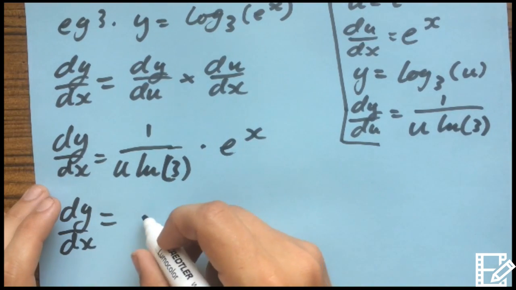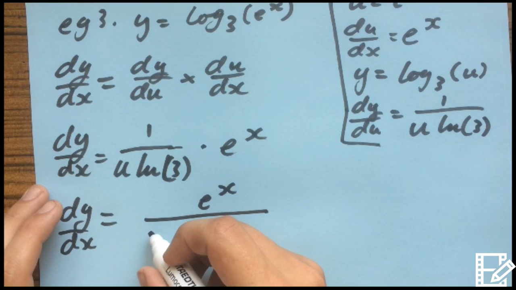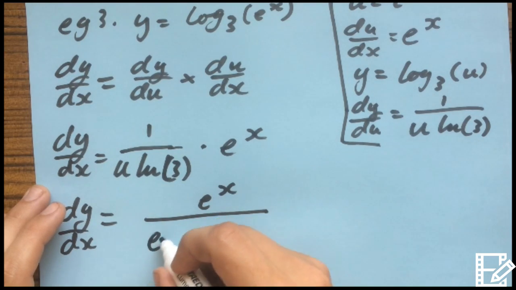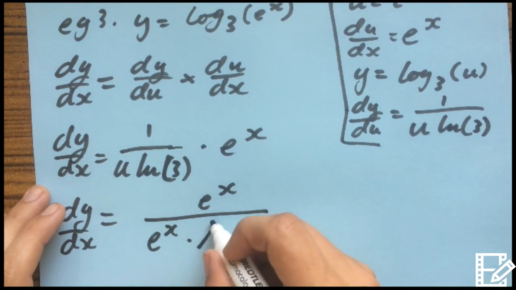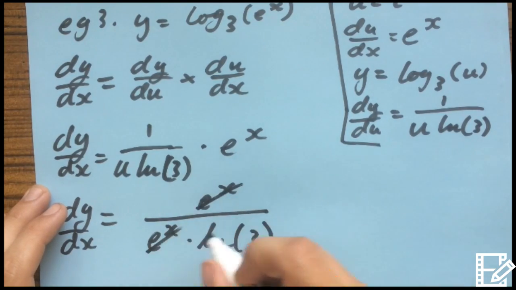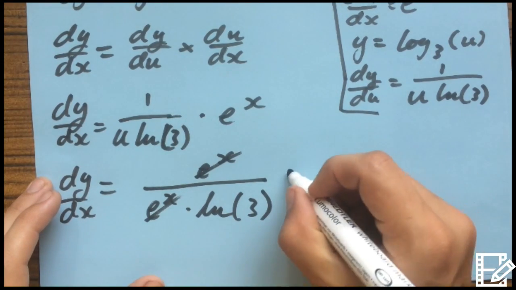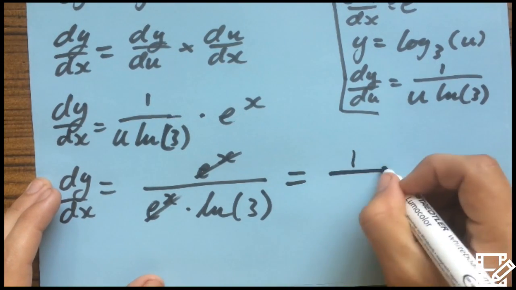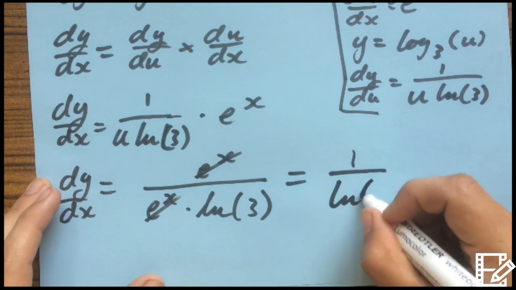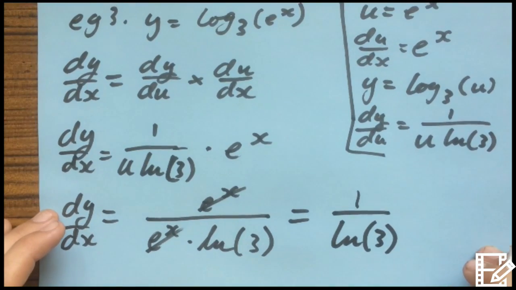Simplifying this, we get e to the power of x, u being e to the power of x, multiplied by ln 3. We can cancel out both e to the x from the top and bottom, and what we're left with is 1 over ln 3. Simple as that.